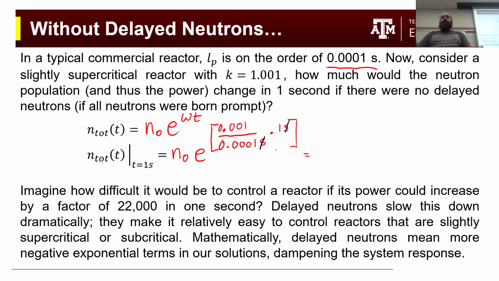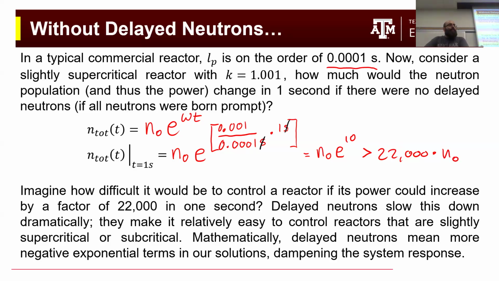If you work out the quantity in the exponent, you end up with 10, so it's going to look like e to the 10. If you plug e to the 10 into your calculator, it's slightly over 22,000. So this is going to be even bigger than 22,000 times n naught.